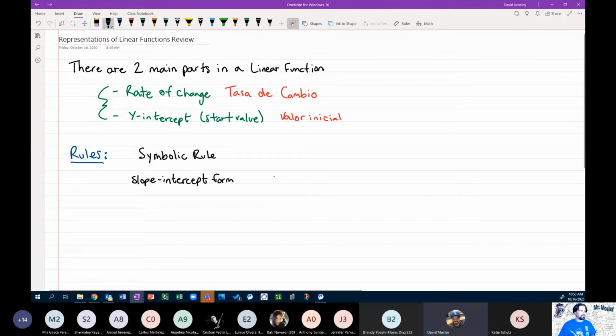And then we also have our now-next rule. These are the two rules that we've worked with so far.